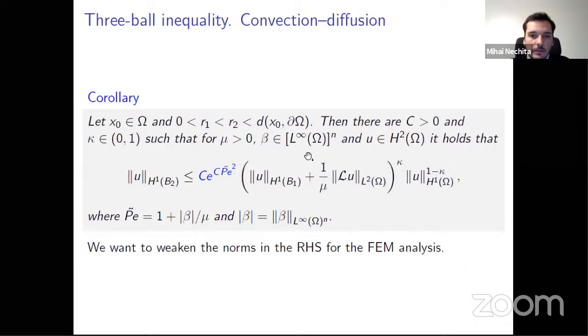We would like to use such an inequality on the numerical analysis side, but for this, we would prefer to have weaker norms on the right-hand side. And by this, I mean, for example, the term Lu, which is in L2 here, to be measured in H^-1. So we would like to shift this inequality with a Sobolev index.